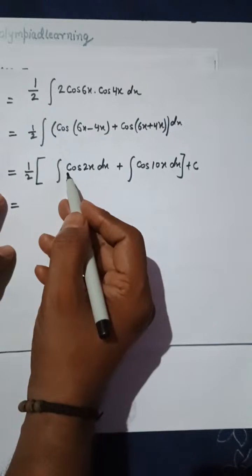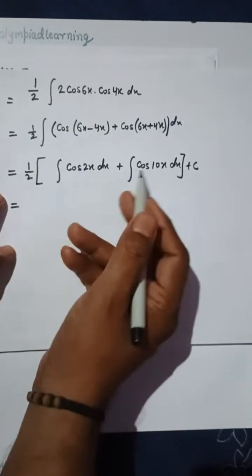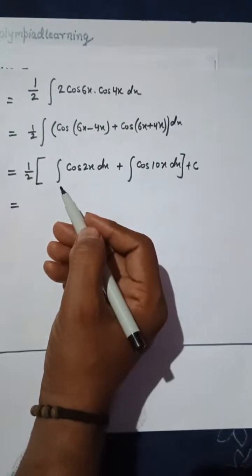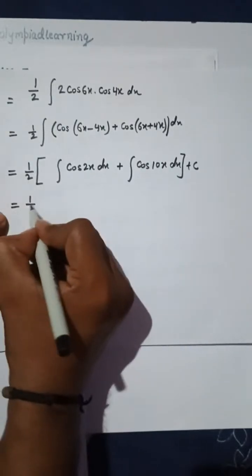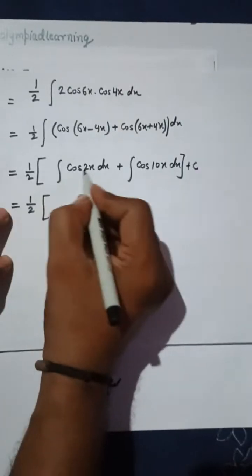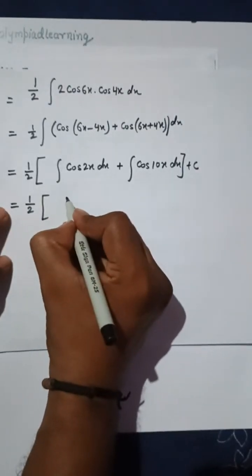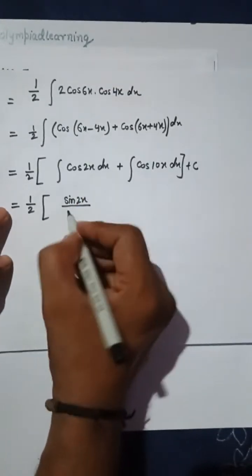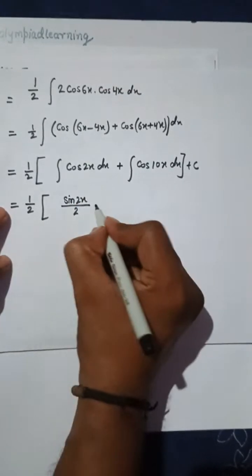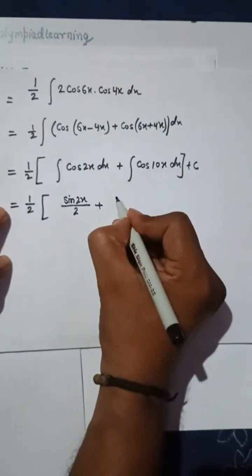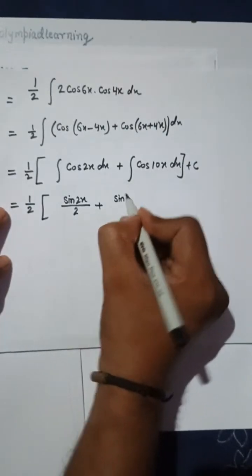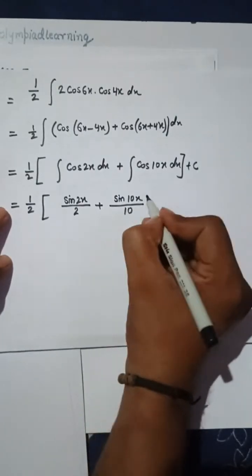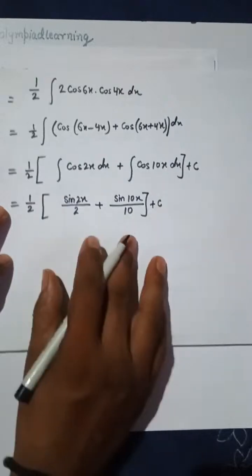That is the integration of this cos 2x and cos 10x. So we know that integration of cos x is sin x. Let's do it. Here 1 by 2, then integration of cos x is sin x, so sin 2x, and 2 is the coefficient of x, so I'm dividing it by 2. And then cos 10x gives sin 10x, and 10 is the coefficient of x, so I'm dividing it by 10. Then plus c.